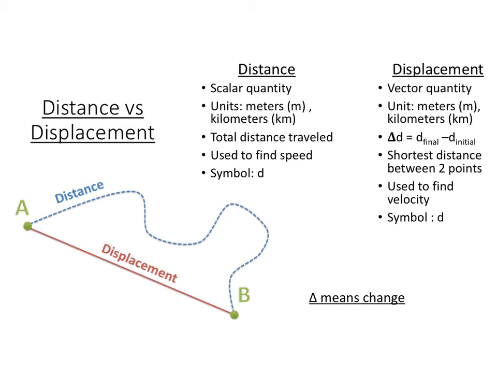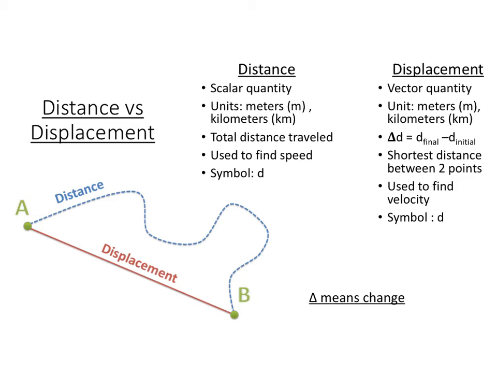All right, so let's look at distance versus displacement. Distance is a scalar quantity, which means the quantity that's just going to have a magnitude, no direction associated with it. Displacement is going to be the vector quantity, so it's going to have both a magnitude and a direction.